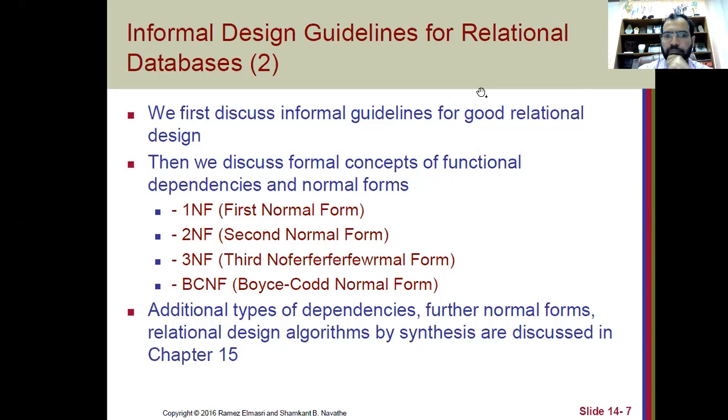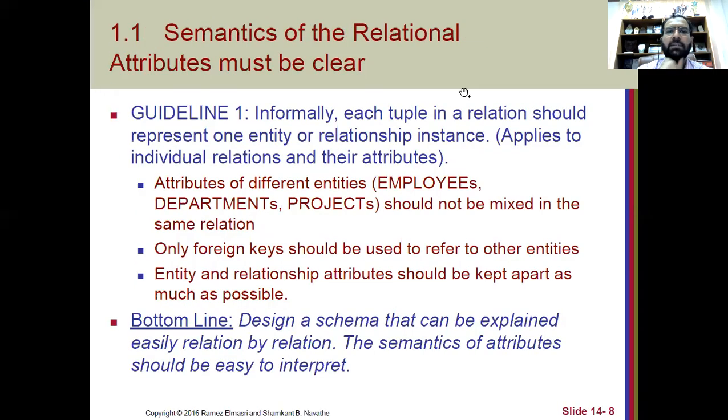Here we will move forward and see guideline number 1. Now try to remember those guidelines. Guideline number 1: informally, each tuple in a relation should represent one entity or a relationship instance. Take an example of an employee table. Let's suppose we have 56 records.